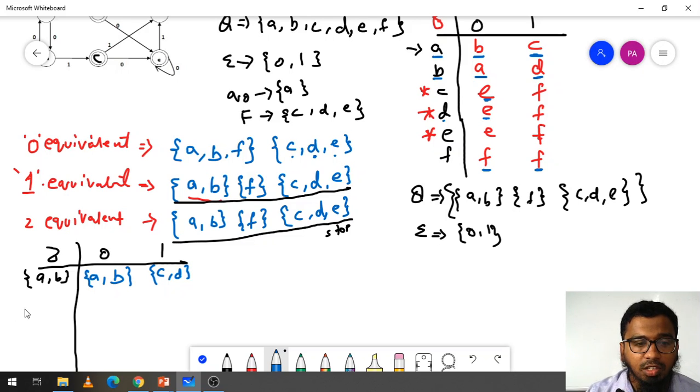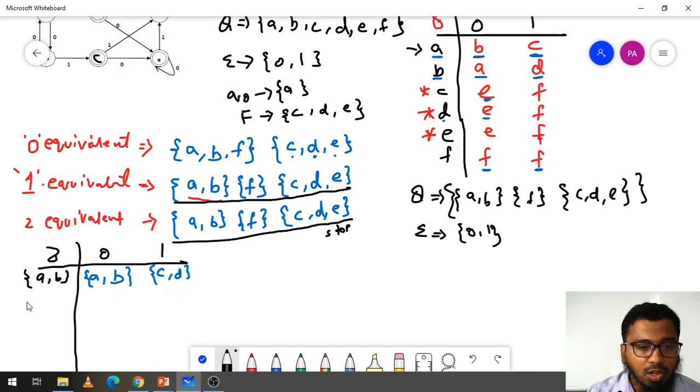Next one is F. You can take F or you can take C, D, E in sequence, it is up to you.